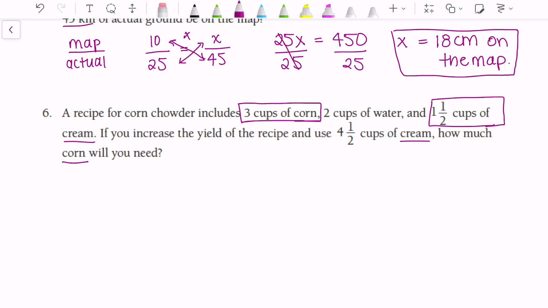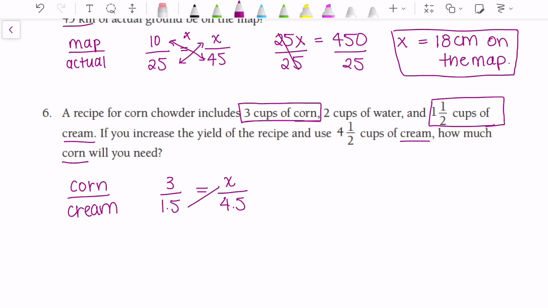Okay, so I'm going to start with corn on the top and cream on the bottom. Just like before, this is what we're going to start with. Corn has 3 cups. Cream has 1.5. We can leave that as a decimal for now. And then we set it equal to, we know we're using 4.5 cups of cream. We're looking for corn, so we're going to put an x where corn is and put 4.5 on this side.